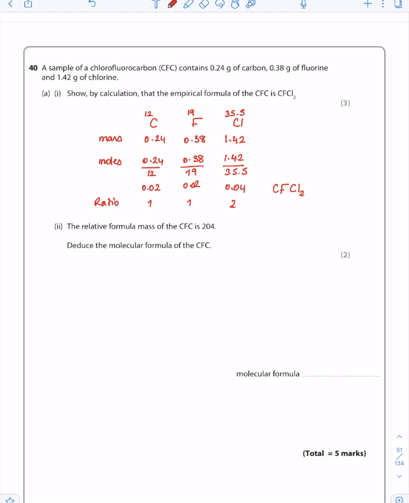Part 2: the relative formula mass of CFC is 204. Deduce the molecular formula of CFC. هنقول أول حاجة إن number of repeating formula units is equal to MR over ER.